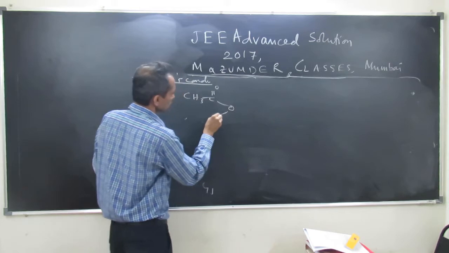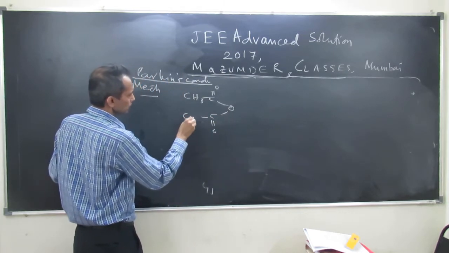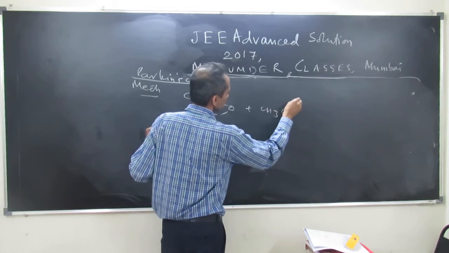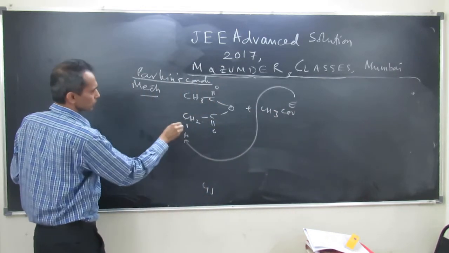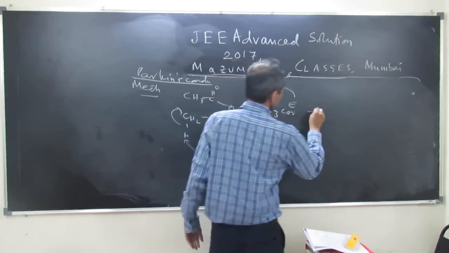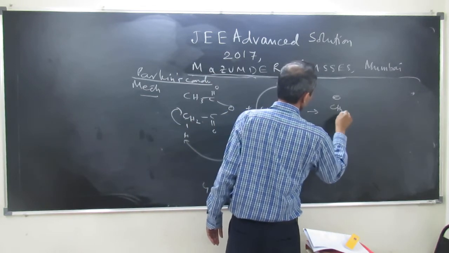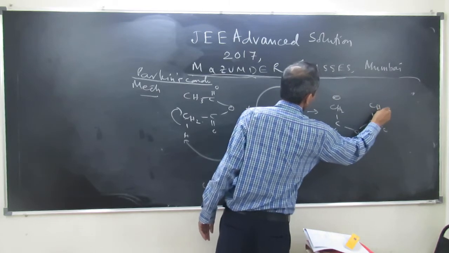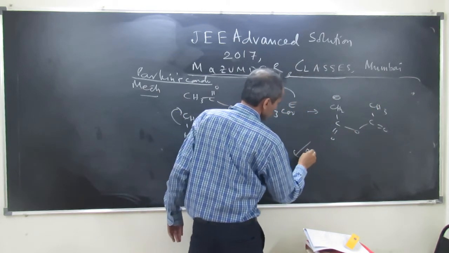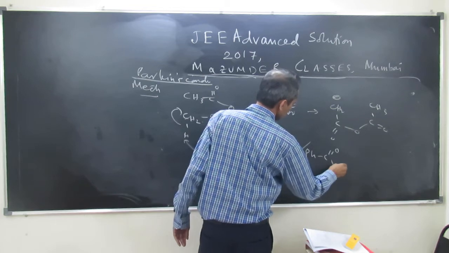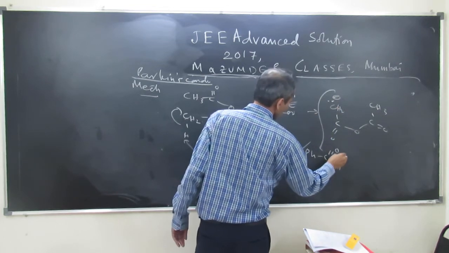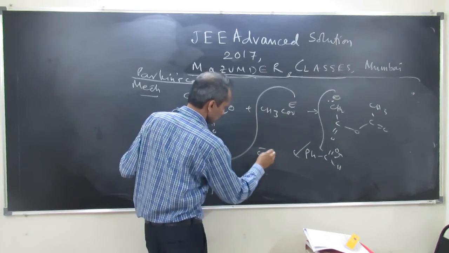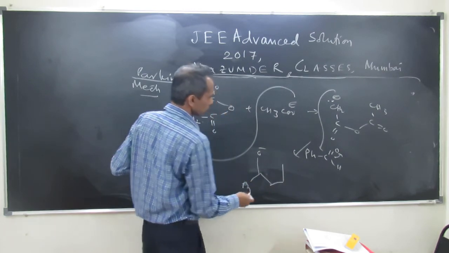The acetate takes the hydrogen from the carbon, so we get CH2 minus, C double bond O, O, C double bond O, CH3, and then it will react with benzaldehyde, PhCHO. This carbon will attack over here, and it will open up, so you get PhCH(O minus)CH2.